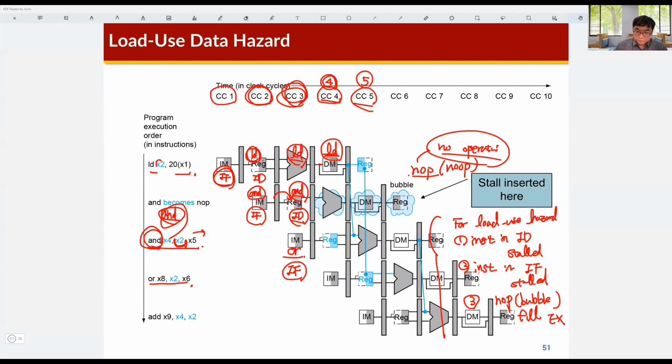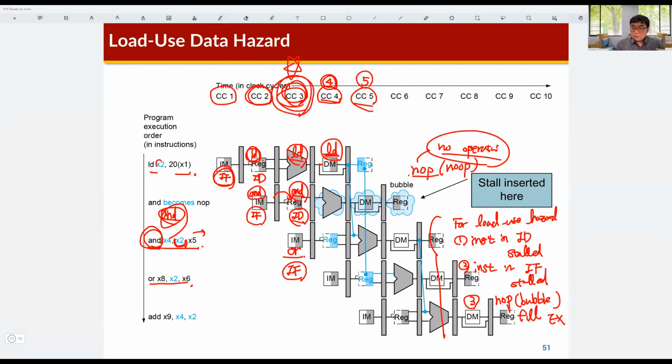So that means we need to detect this pipeline stall condition by the load instruction and the next instruction, at clock cycle number 3.